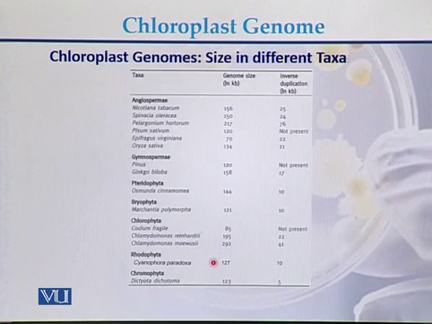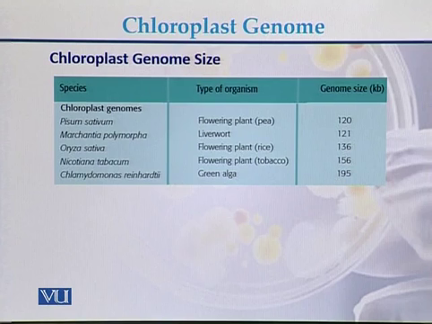In the case of Rhodophyta, the example is that the chloroplast genome can be 127 kb, and in the case of Chromophyta, the size of the chloroplast genome is 123 kb. So this is just a comparison of the size of chloroplast genomes present in different species and different taxa of the plants. This is another comparison of the size of chloroplast genome.